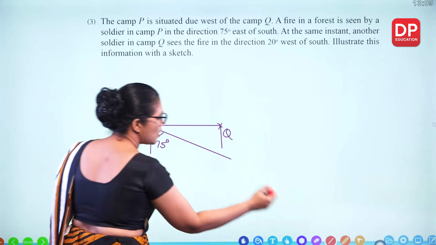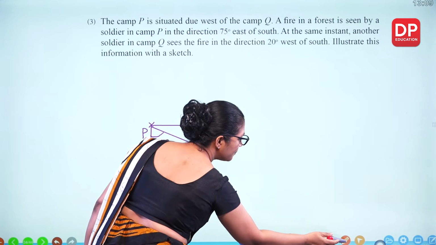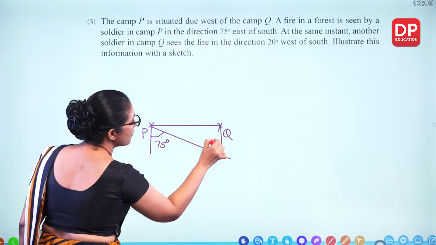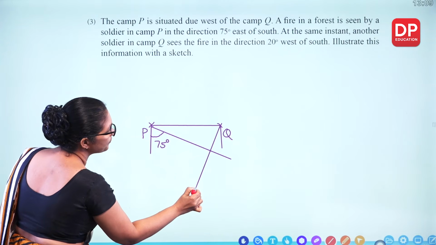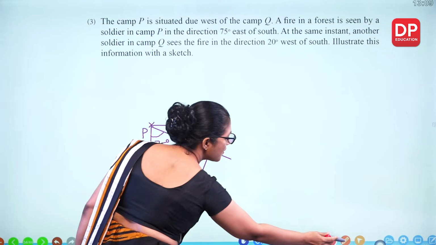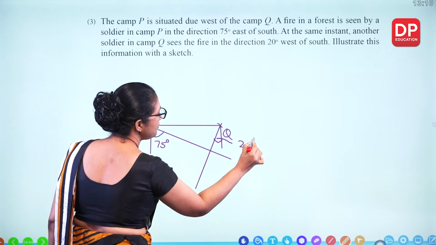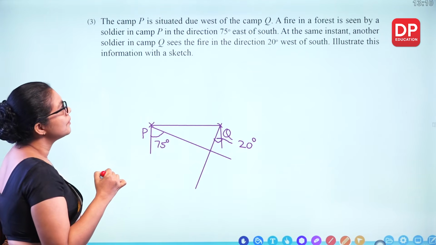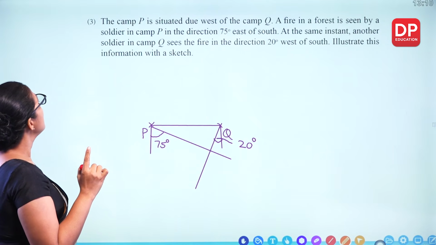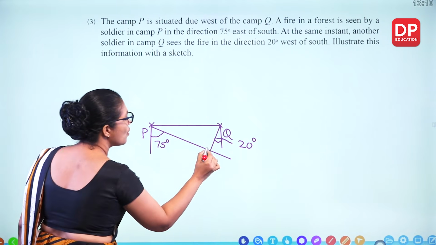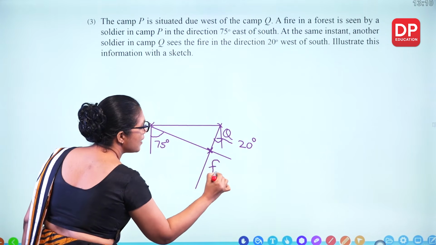That means 20 degrees towards this side, somewhere here. This angle is 20 degrees. Illustrate this information with a sketch. So this is the fire.